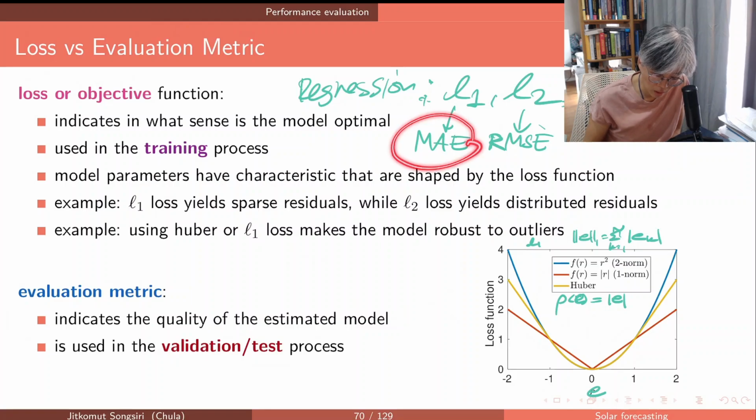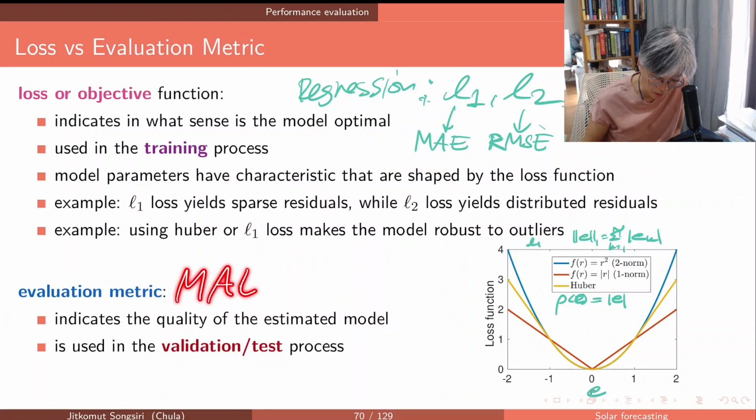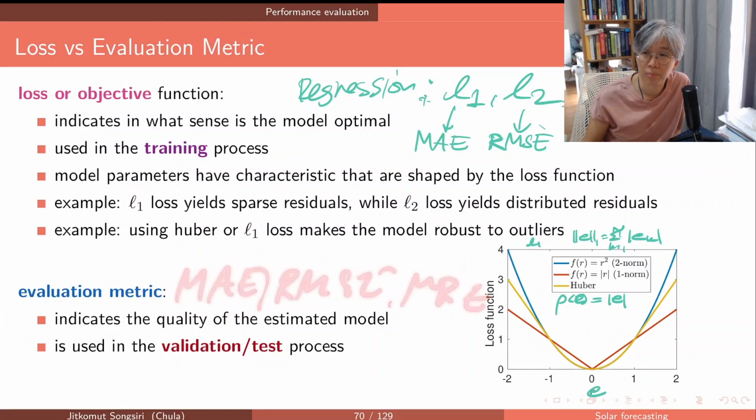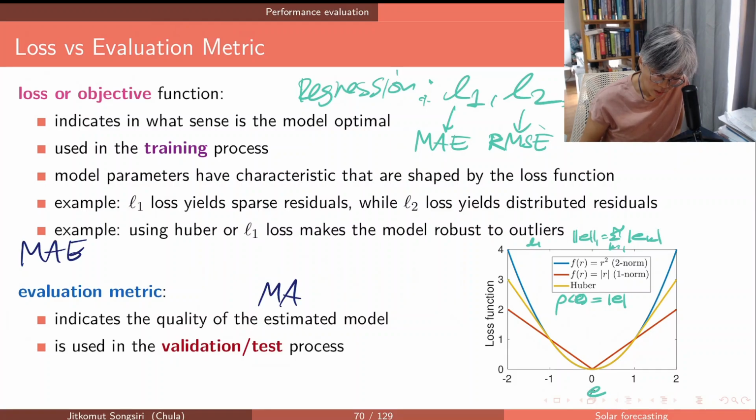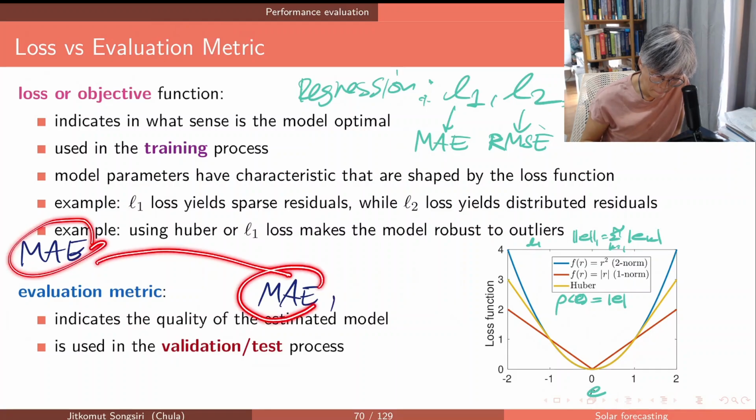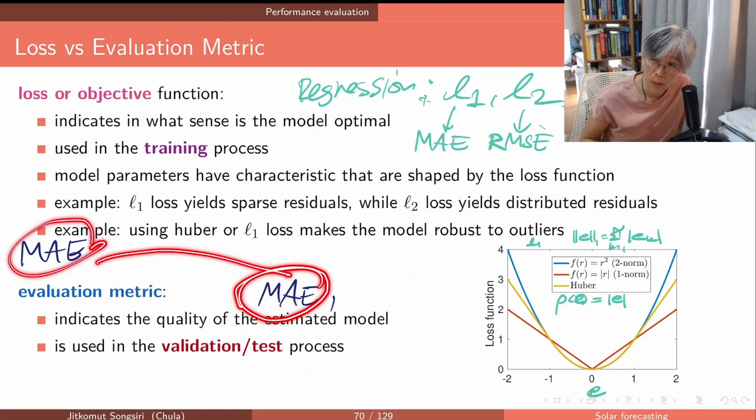You train with MAE, you can evaluate with MAE, RMSE, MBE, and all that. When your model is trained under a certain loss, obviously your model will perform best when you evaluate with such a metric.